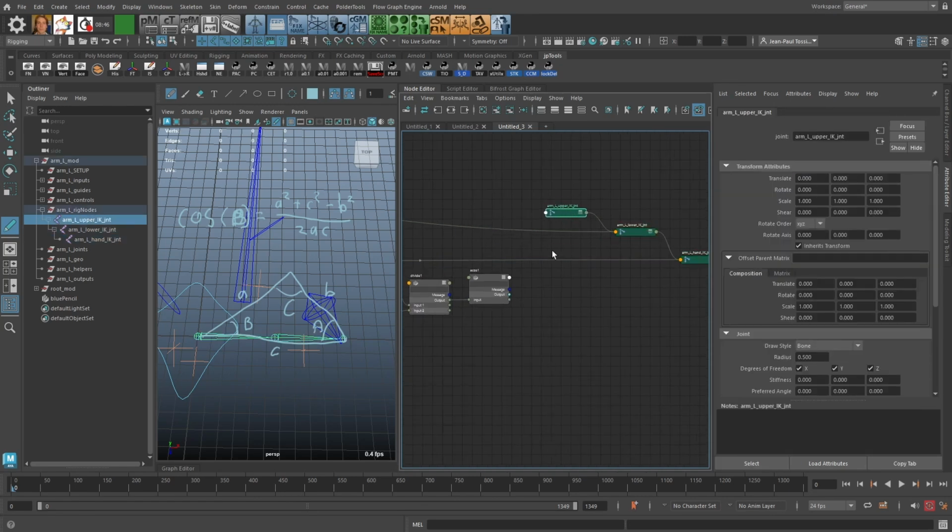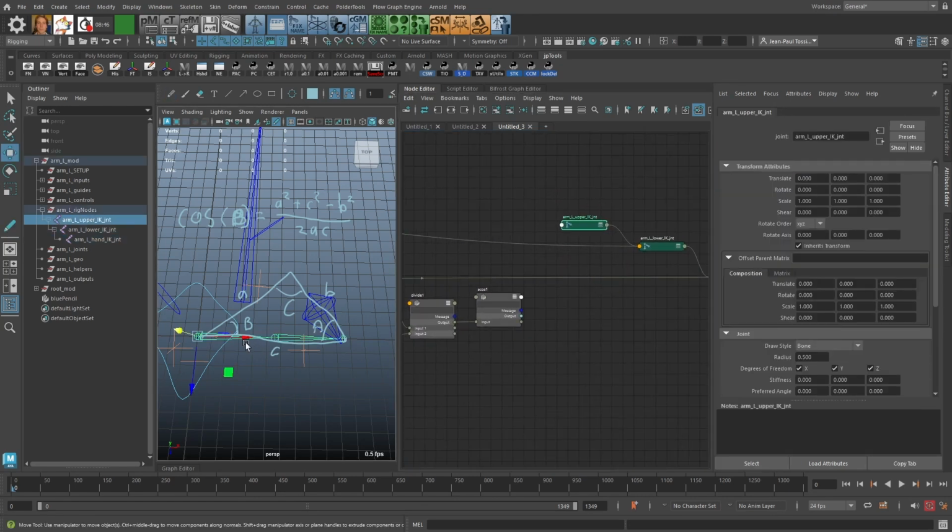So the upper joint, we want to rotate it around the y-axis. Because it is aligned in the arm, the x-axis is the forward direction and the y-axis is the direction that points toward the elbow, which is the direction we want to bend in.